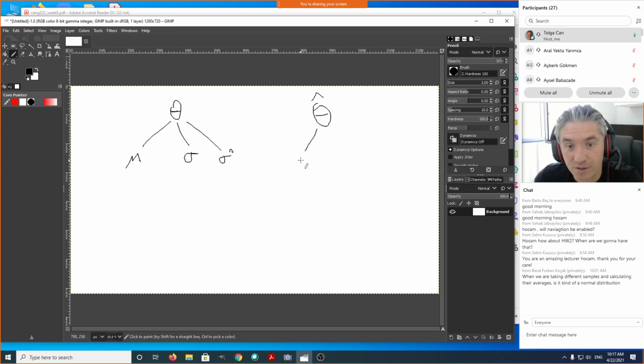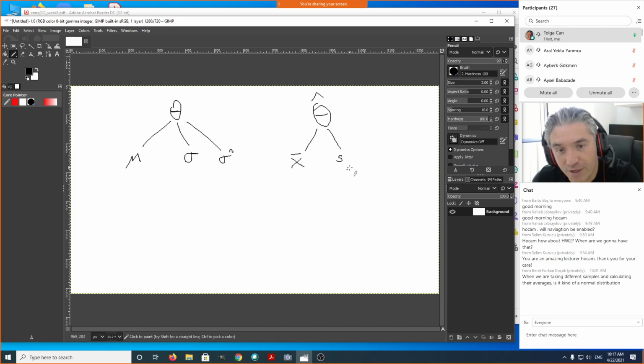For example, x bar is going to be an estimate for mu, and the small letter s, the sample standard deviation, is going to be an estimate for sigma. Mu, sigma, and sigma squared are known for sure if they are given to you for a population. But in real life, in practice, we don't know these mu and sigma.